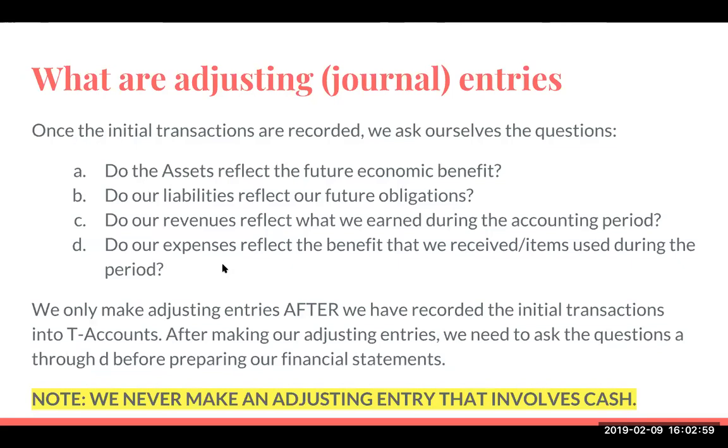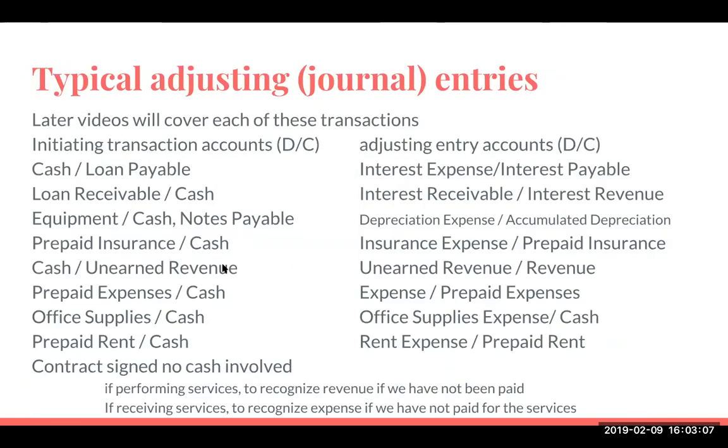Do our assets reflect the future economic benefit? And when we look at those items, it's going to make a lot more sense. So the typical adjusting journal entries, and yeah, this is a lot of fun. I have gone through and we'll be making separate videos on each one of these items.